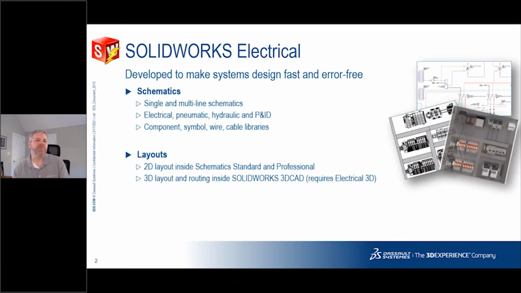It also provides tools for doing layouts, either in 2 dimensions as 2D CAD drawings, as most people do today, or inside SolidWorks 3D CAD for better coordination of resources and placement of components and routing options with the mechanical team. And finally, it includes tools to automatically produce bills of material, wire from-to lists, labels, really whatever types of reports you might need.